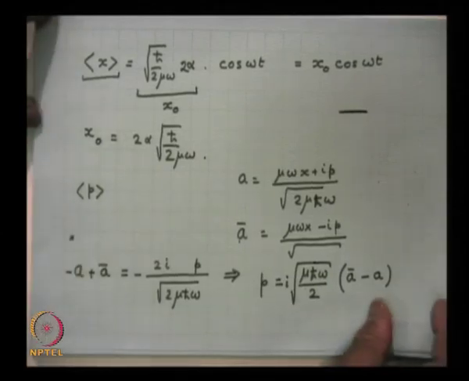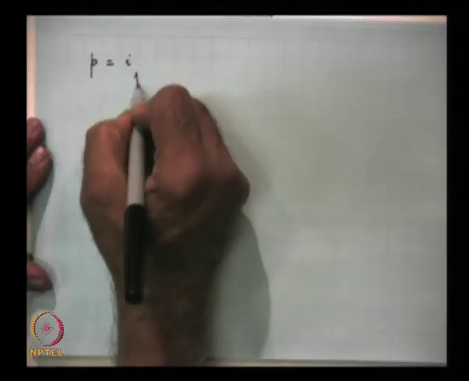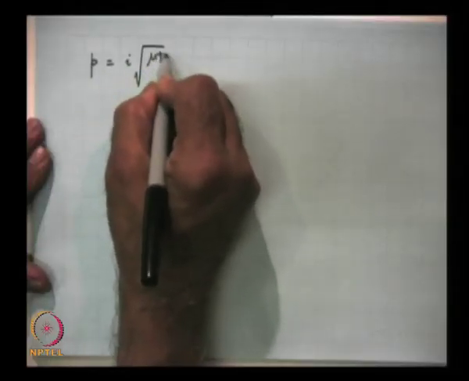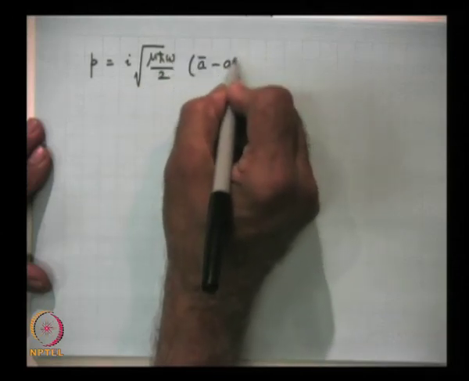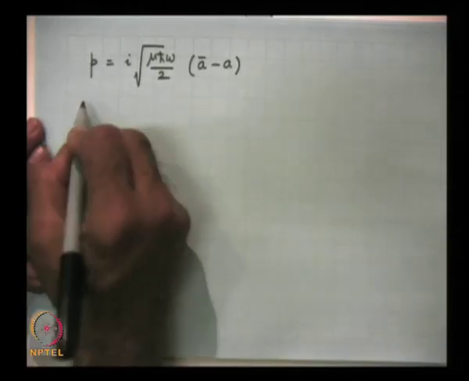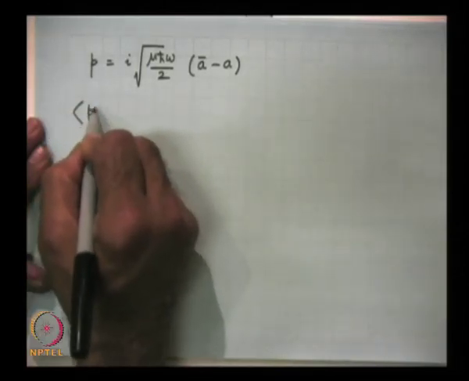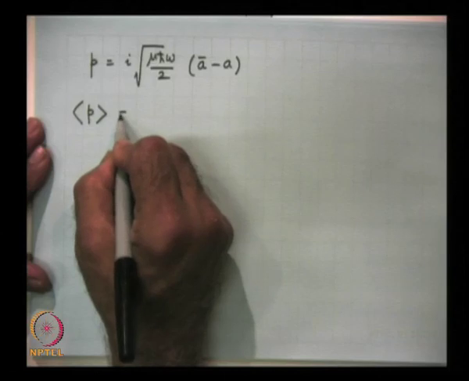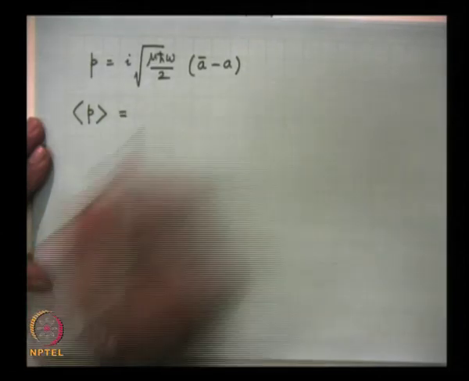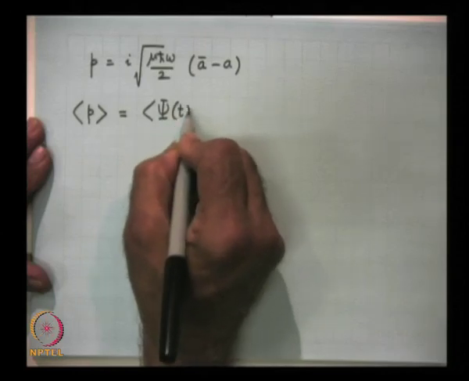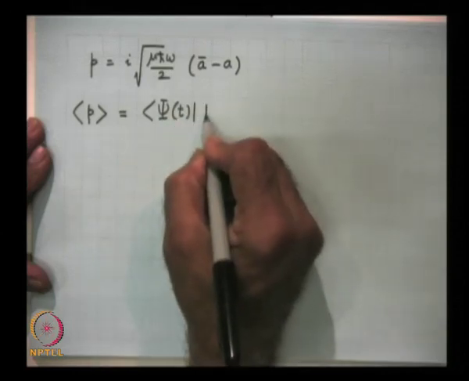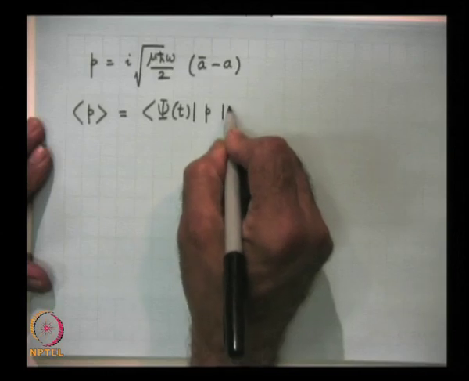Having found that, let me rewrite this once again. P is equal to I mu h cross omega by 2 times A bar minus A. If I want to find the expectation value of P, then this will be bra psi t, P, and then ket psi t.